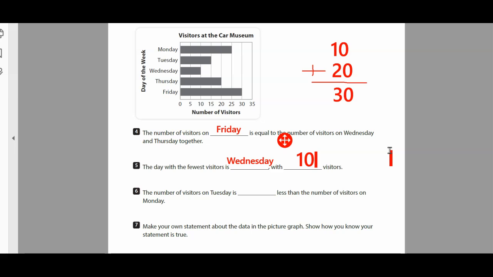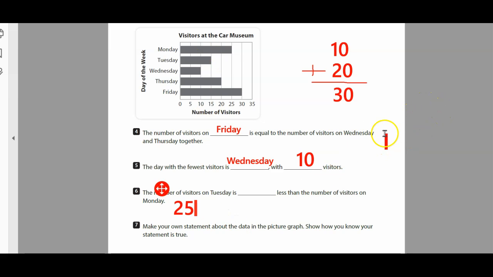It says the number of visitors on Tuesday is less than the number of visitors on Monday. Well, how many visitors are on Monday? 25. And how many are on Tuesday? 15.